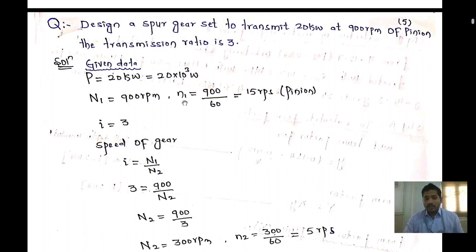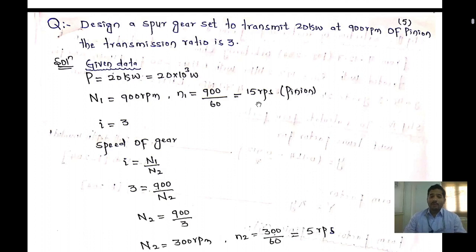So N1 is equal to... our intention is to convert this rpm into rps. For that reason we need to divide 900 by 60. If you divide by 60, it converts into seconds. Clear? Minute to second it converts. So if you divide 900 by 60, you will get 15 rps.